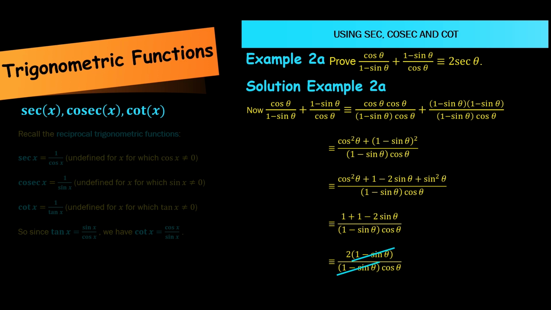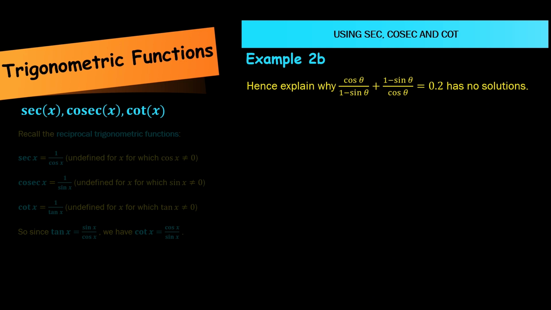The 1 minus sine thetas in the numerator and the denominator can now cancel, leaving us with 2 over cos theta. But of course, 1 over cos theta is equal to sec theta. So we have 2 sec theta, and we've proved part A.